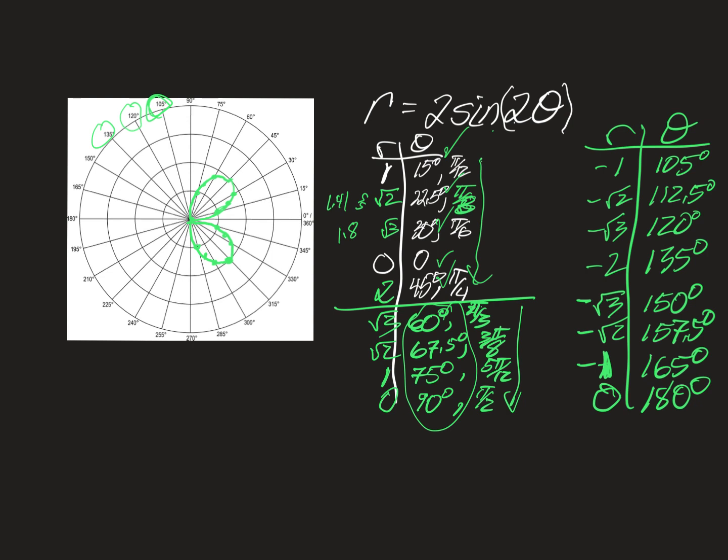Now, if you were to continue this and go all the way around to 2 pi, which you should do every time, you would get the other 2 leaves of this rose. All right? And the other 2, so you would come around like this.